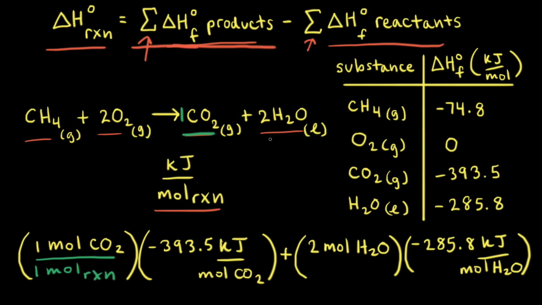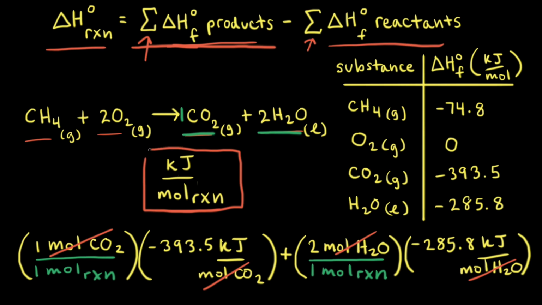We can do the same thing for our other product, which is water. For how the equation is written, we're forming 2 moles of water. So our conversion factor can be there are 2 moles of water for every 1 mole of reaction. Next, moles of carbon dioxide cancels out and moles of water cancel out, and this gives us kilojoules per mole of reaction as our units.